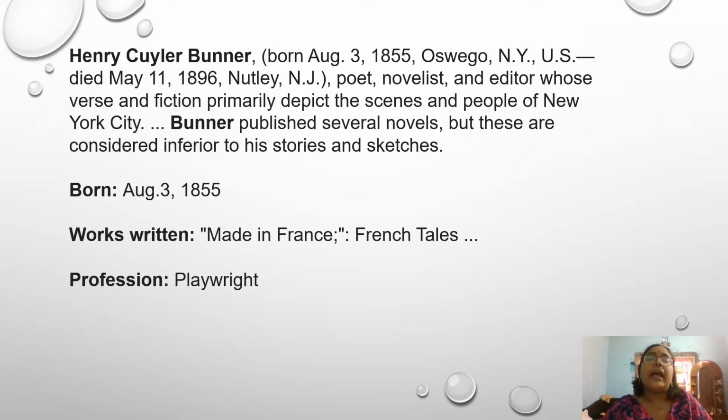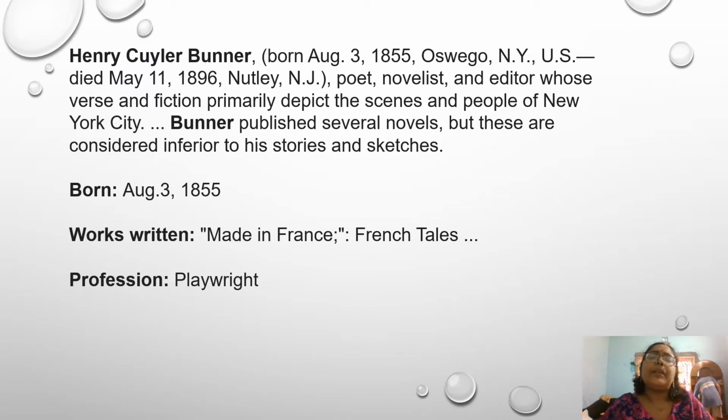And he died in the year 1896 on the 11th of May. He was a poet, a novelist, an editor whose verse and fiction primarily depict the scenes and the people of New York City.